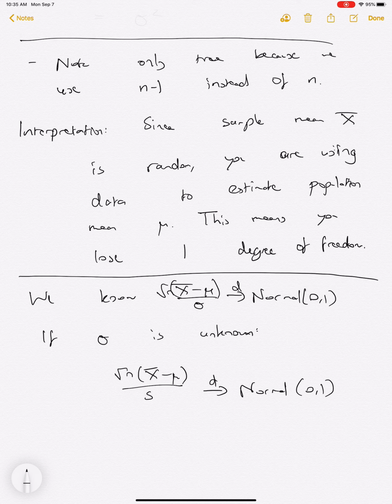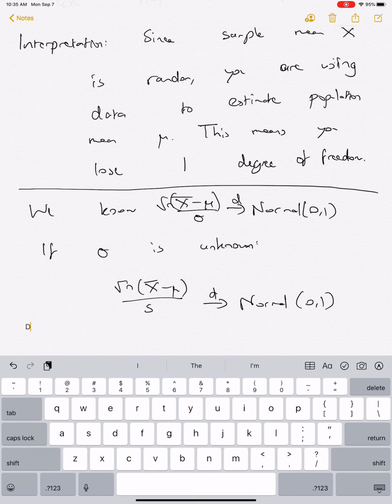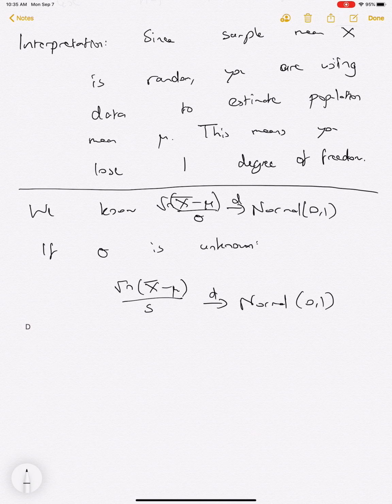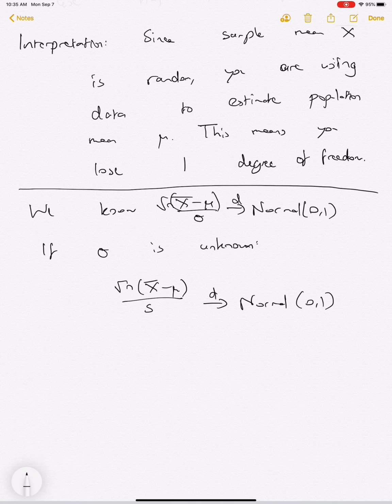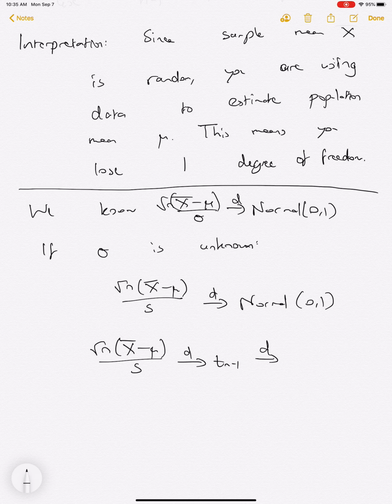Another way to think about that is that it's going to converge to t with n minus 1 degrees of freedom, which is going to converge to normal 0, 1 as n goes to infinity.